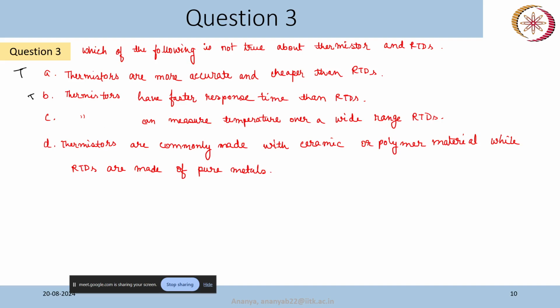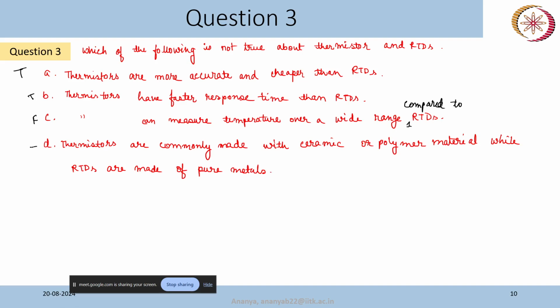Now, thermistors can measure temperature over a wide range compared to RTDs. So this is not true, this is false. We know that at higher temperature, thermistors cannot be used, and thermistors are commonly made with ceramic or polymer material, while RTDs are made of pure metal.